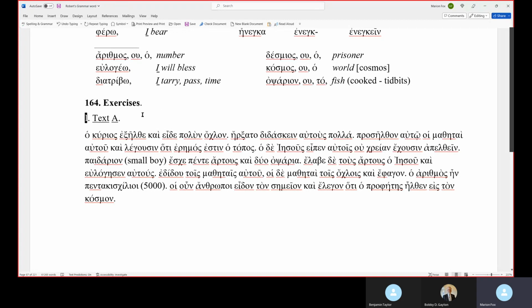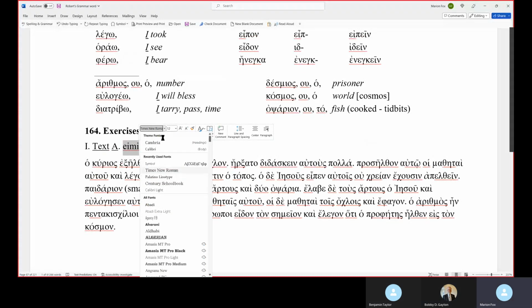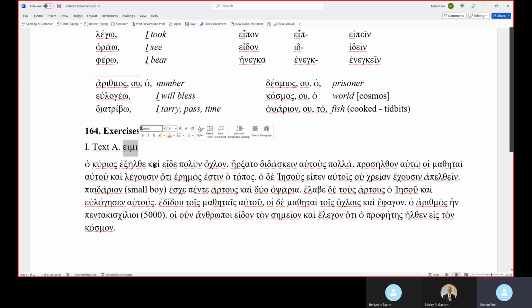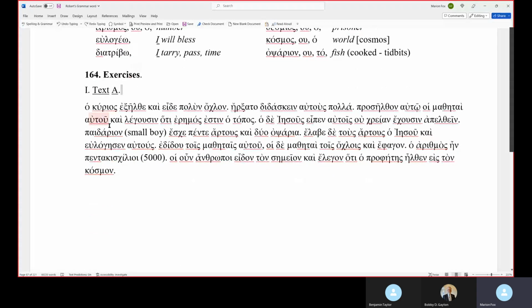Eimi is a being verb. And being verbs take their objects in the nominative case. Their objects are predicate nominatives. That makes sense? So that's why this is in the nominative case.